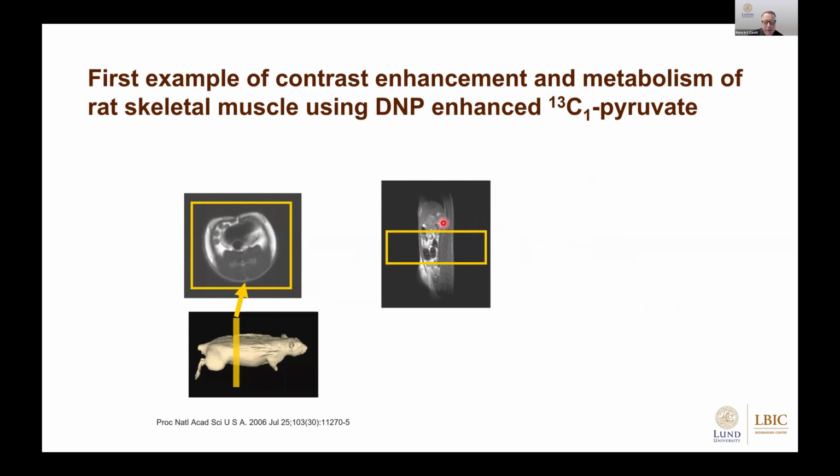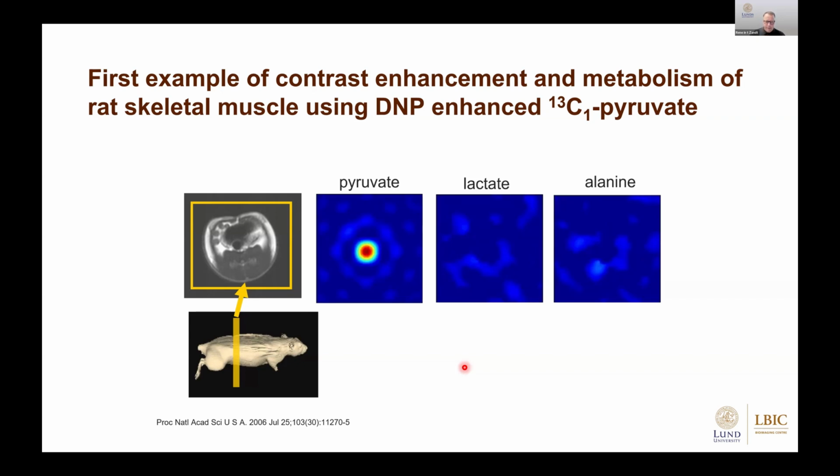So it's a projection over this volume, but we can get away with that because the muscle is pretty uniform in thickness over this area. And if you do this experiment, you can see the pyruvate coming into the large vessel in the middle of the animal. And at the same time, you see the lactate, but above all, the alanine is formed, being specific for the skeletal muscle around the spinal cord.